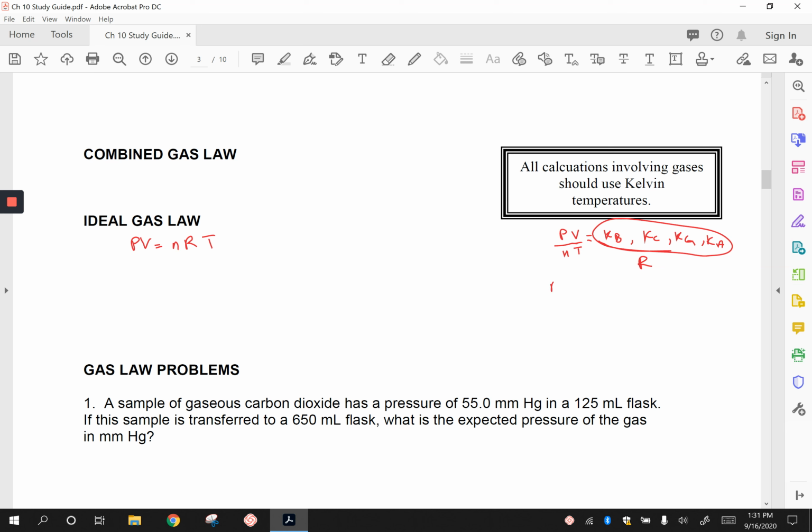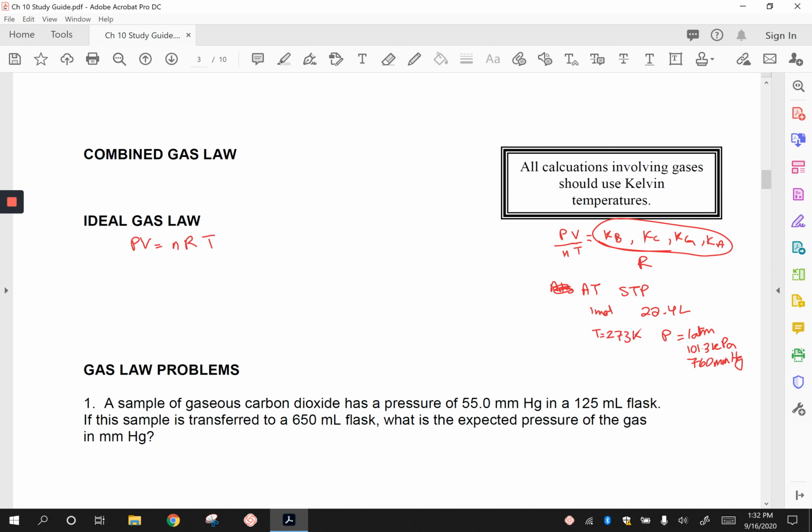If you look at STP, 1 mole of a gas has a volume of 22.4 liters. STP means temperature is 273 Kelvin, and the pressure is either 1 atm or 101.3 kPa or 760 millimeters of mercury.